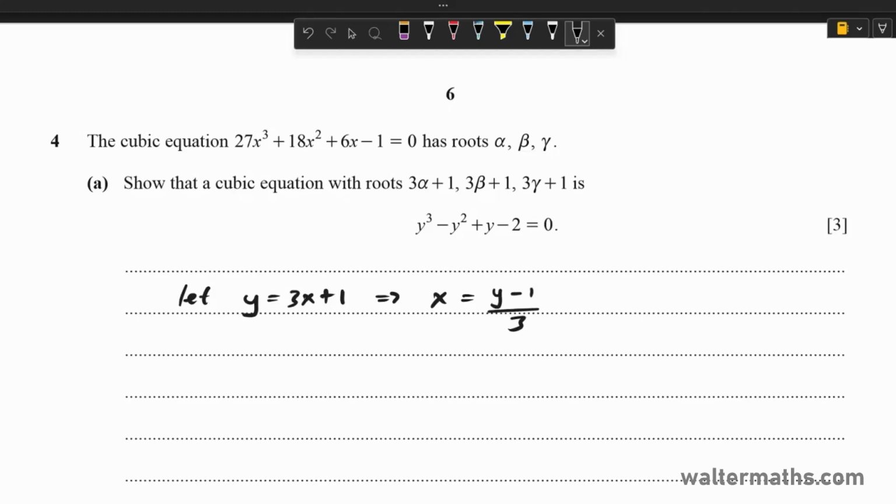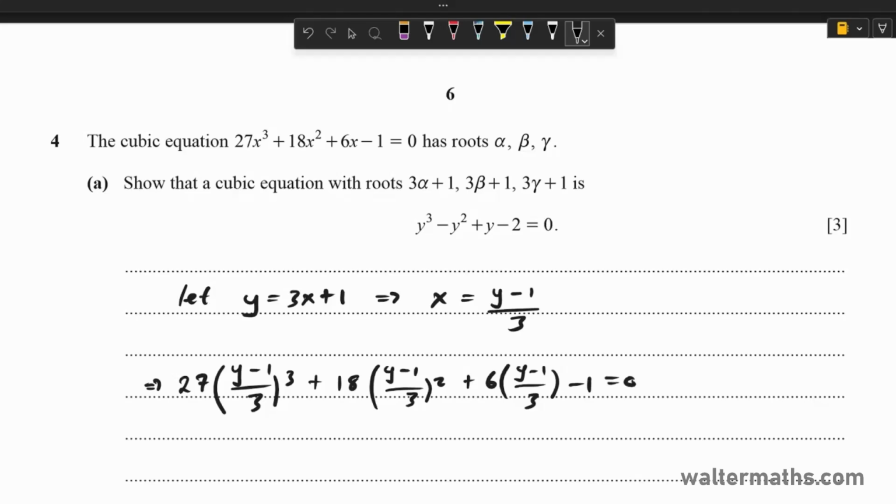So in the original equation, we are substituting y minus 1 over 3 for x. This means that we'll be having 27 of y minus 1 over 3 cubed plus 18 of y minus 1 over 3 squared, plus 6 of y minus 1 over 3 and minus 1 equal to 0.